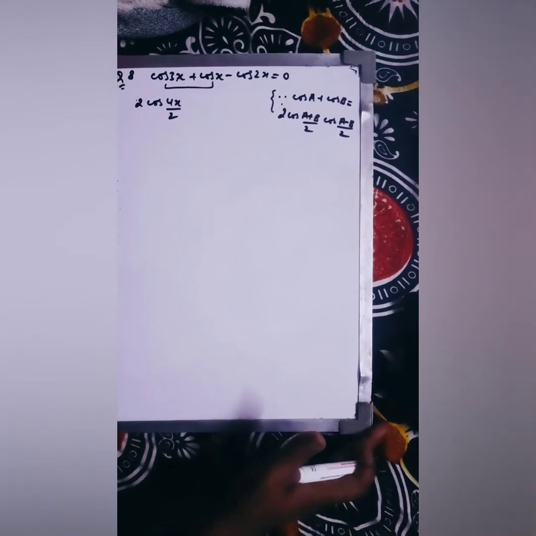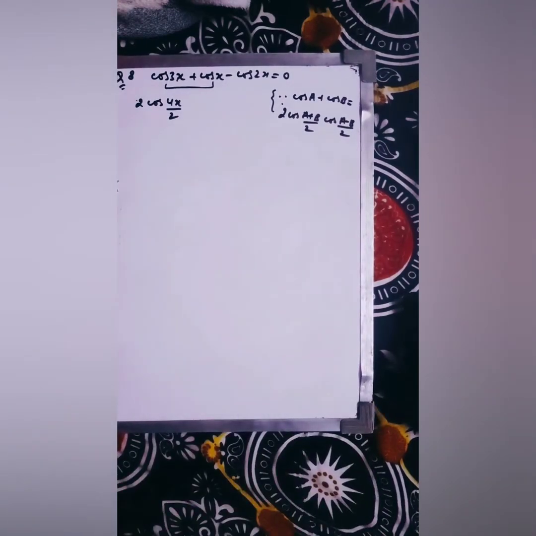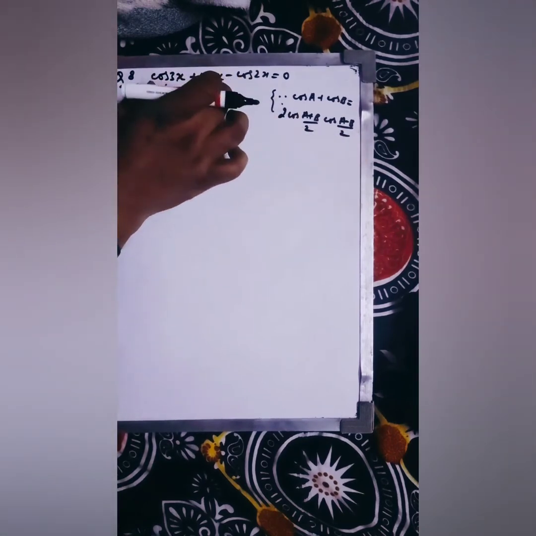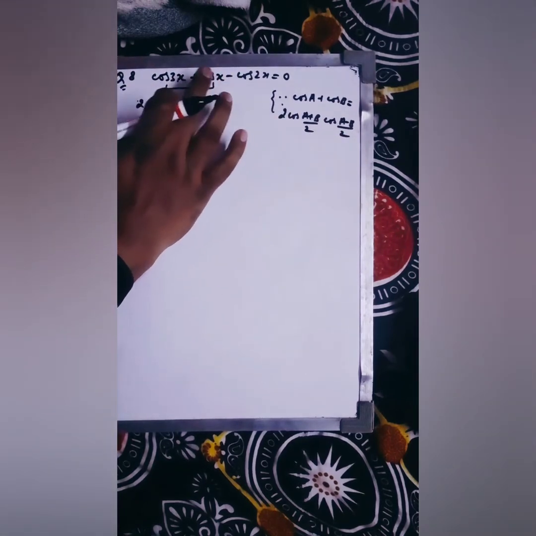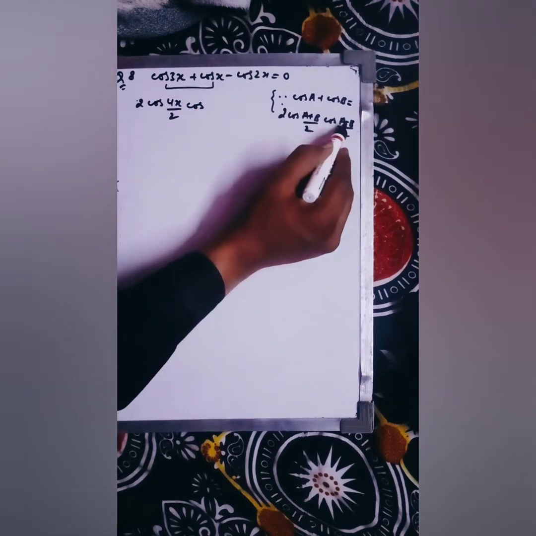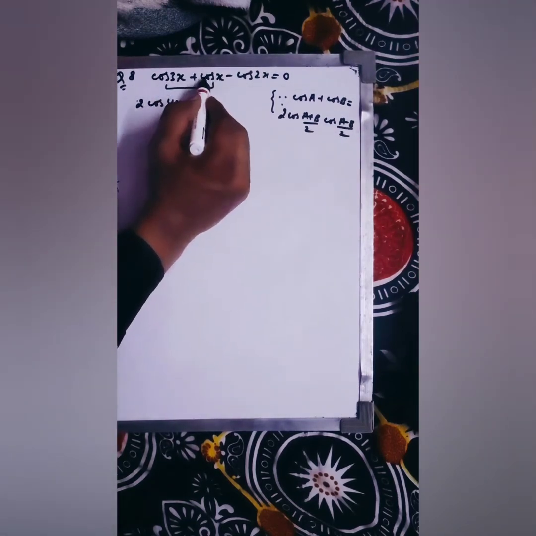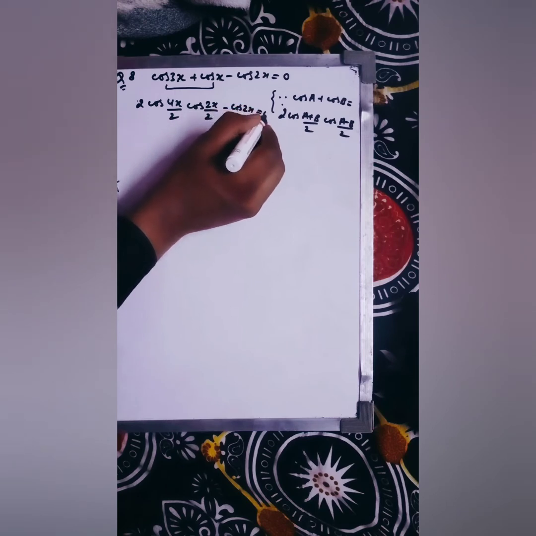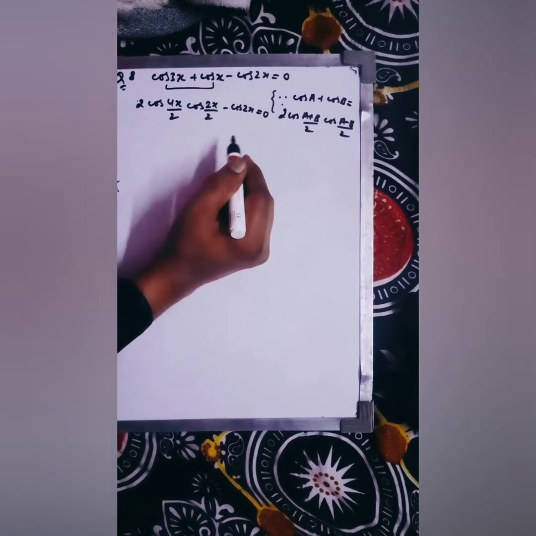So this formula you have to apply. Now in place of this, I'm applying this formula here. This is your a, this is your b. So a plus b, that is 4x upon 2, and then cos a minus b, this minus this, that would be 2x upon 2, minus cos 2x, that is equal to 0. This 0 you have to write.